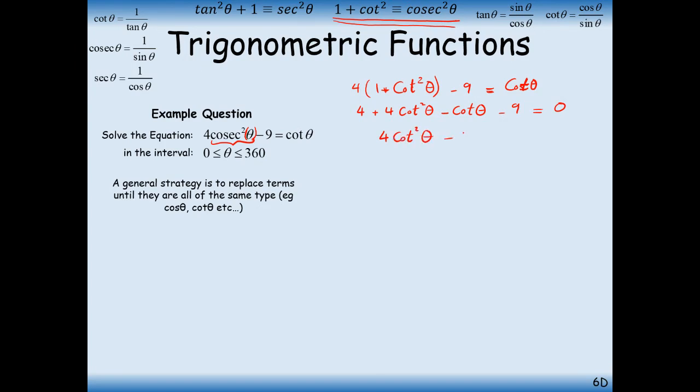So if I combine the negative 9 and the 4 with each other, we'll have a negative 5, and this you can think of as 4c square minus c minus 5.